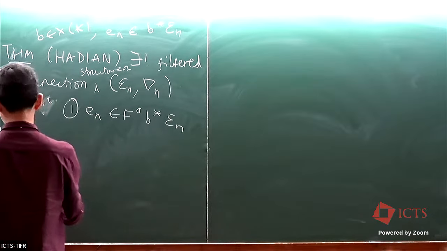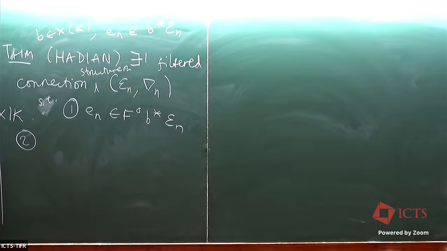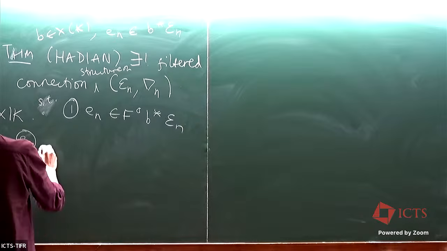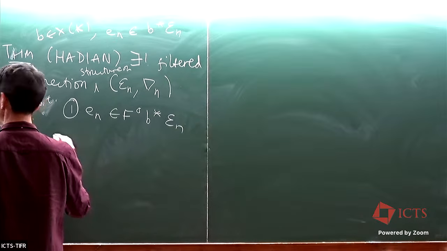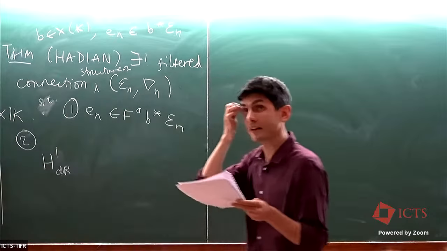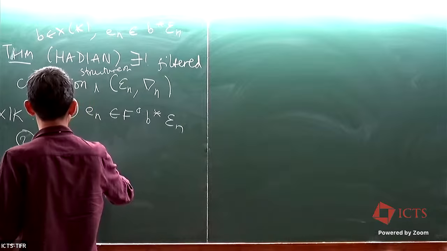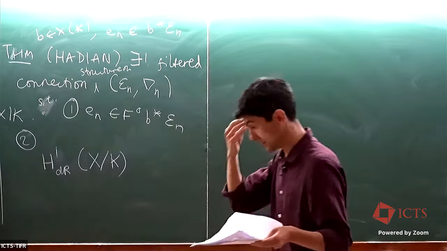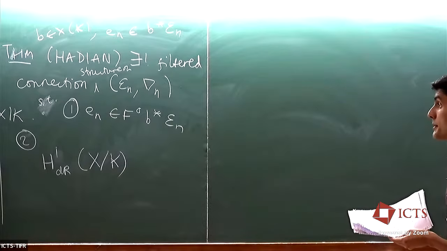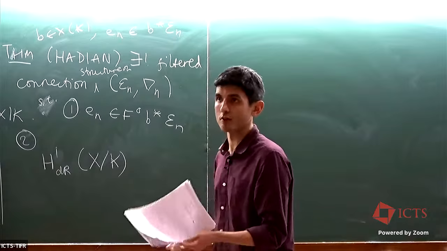And then the other condition we want is, I guess we saw this in the example that I gave at the end where we had an affine curve. Remember we constructed this universal connection; essentially what we did was construct a quotient of the tensor algebra on the dual of the de Rham cohomology.